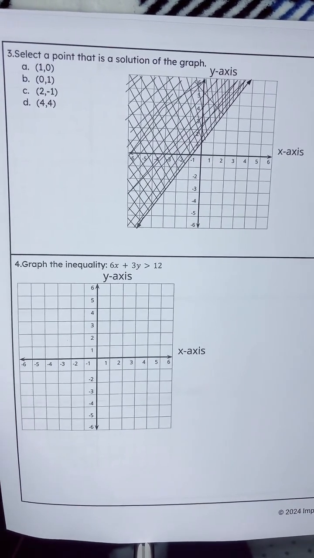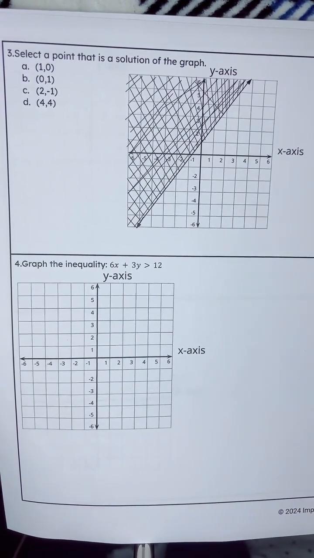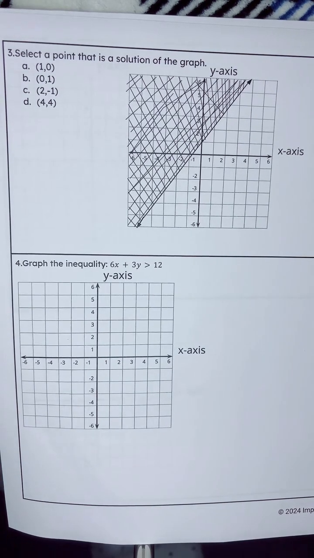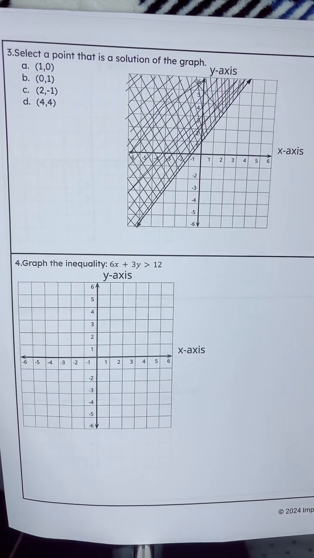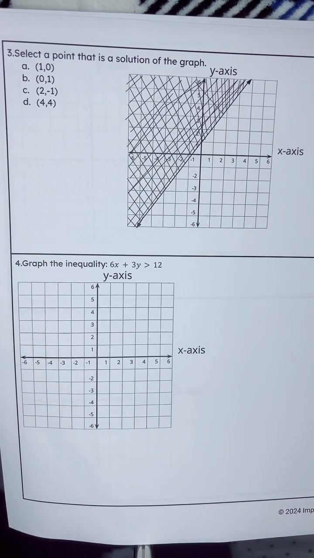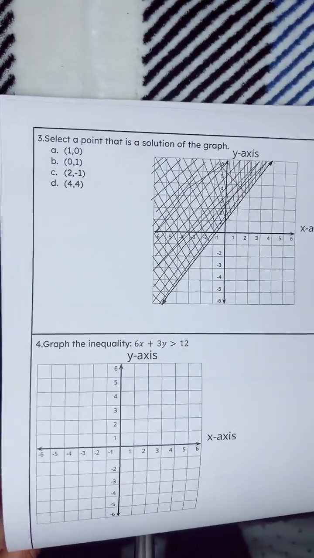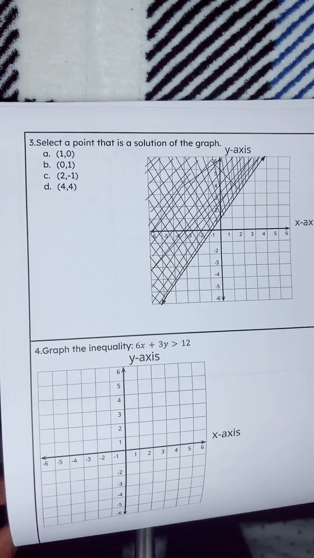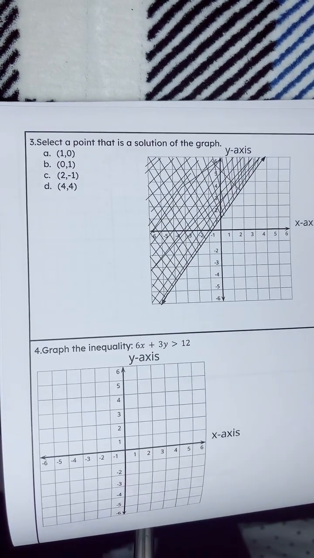Okay, so for this one, it says, select a point that is a solution of the graph. All right, so are you guys saying it's A, B, C, or D? Let me see those answers in the chat. Is it A, B, C, or D?